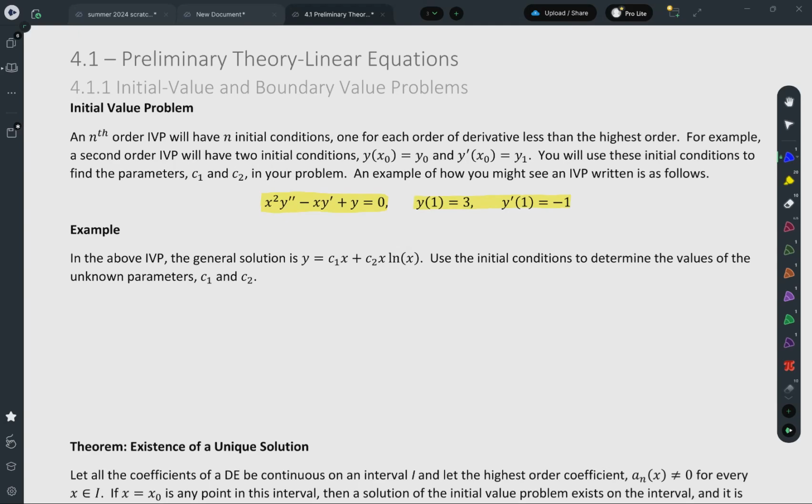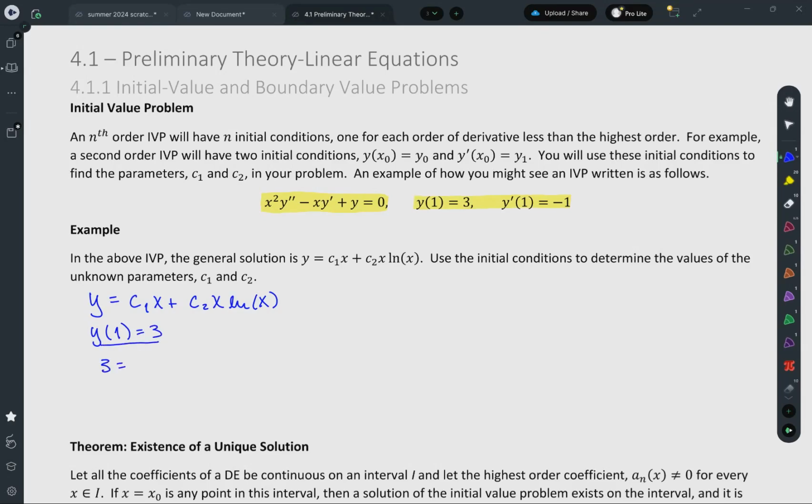Well, all we have to do is, for y of 1 is equal to 3, we substitute 1 for x and 3 for y into the general solution. For y prime of 1 is equal to negative 1, we need the derivative of the general solution. So we're going to have two steps here. We're dealing with y equals c1x plus c2x ln of x, and the initial condition is y of 1 is equal to 3.